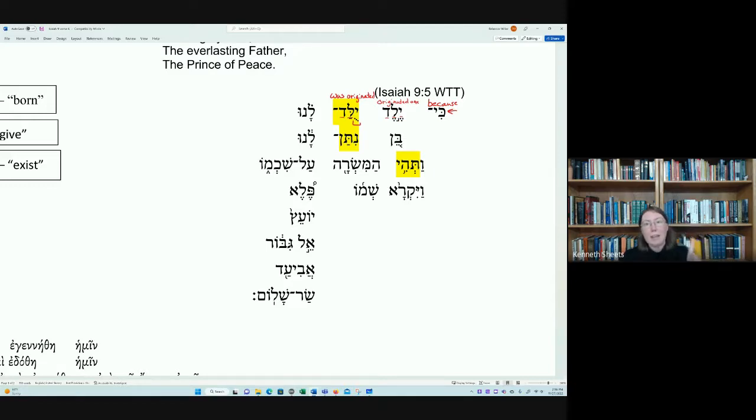But this is something that has not happened yet, and yet the Lord is using the perfect aspect, expressing it as though it has in fact occurred, which just tells us that from the Lord's perspective, this was something that had in fact already occurred. It's a done deal, which is kind of an interesting thing, seeing that.